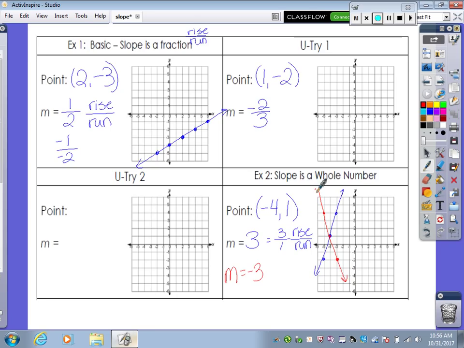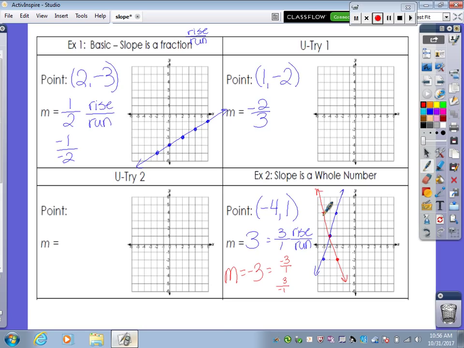Here's why. If you write -3 as a fraction, you could have -3 over +1, or think of it as 3 over -1. So from the starting point, you could go down 3 to the right 1, because only one of them is negative, or you could do a +3 left 1.